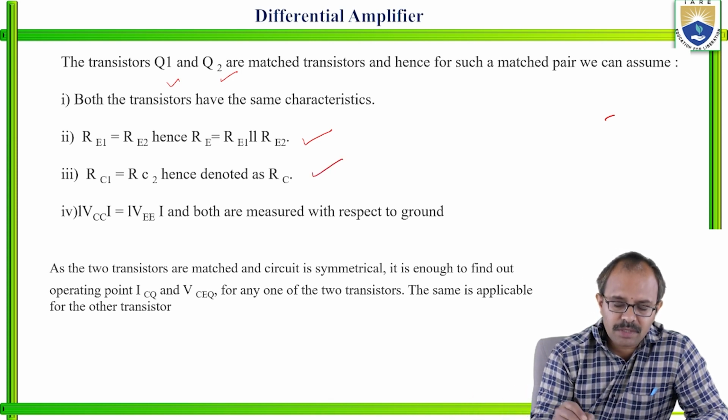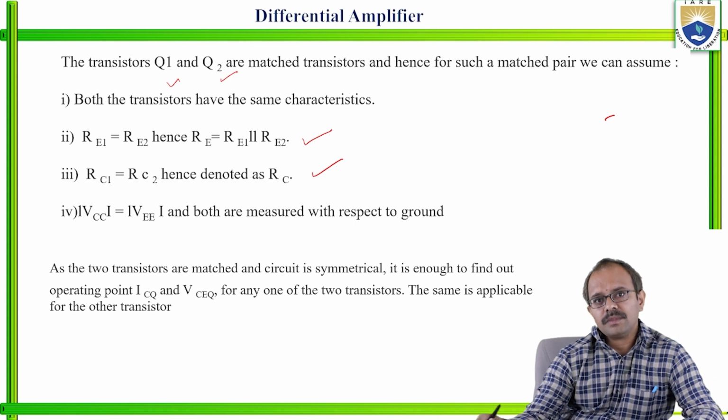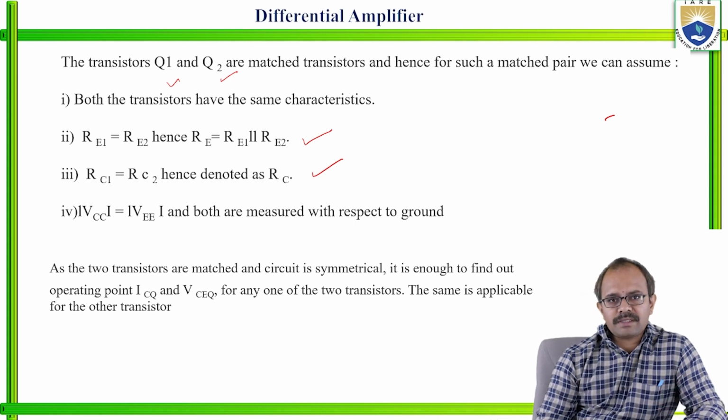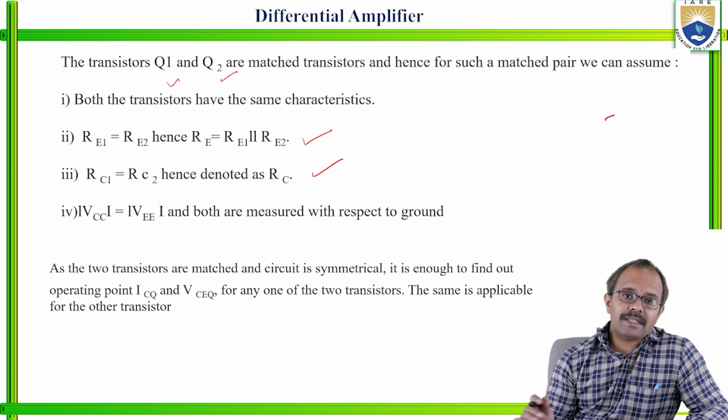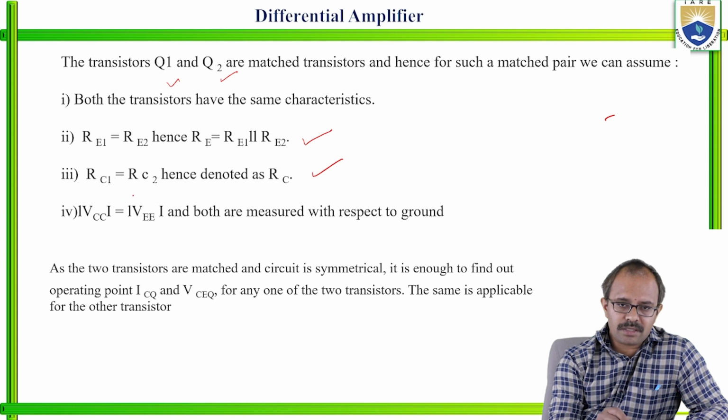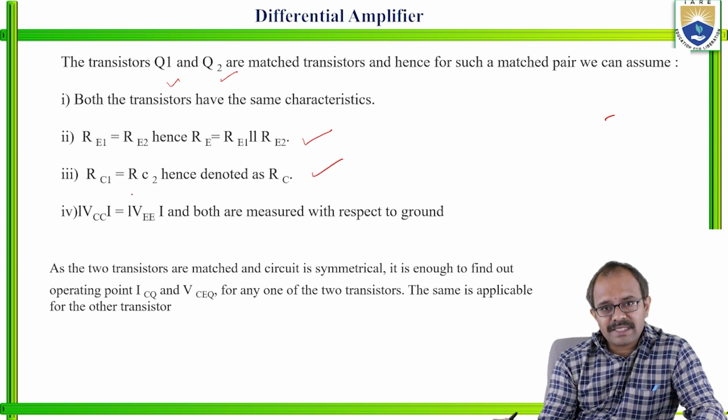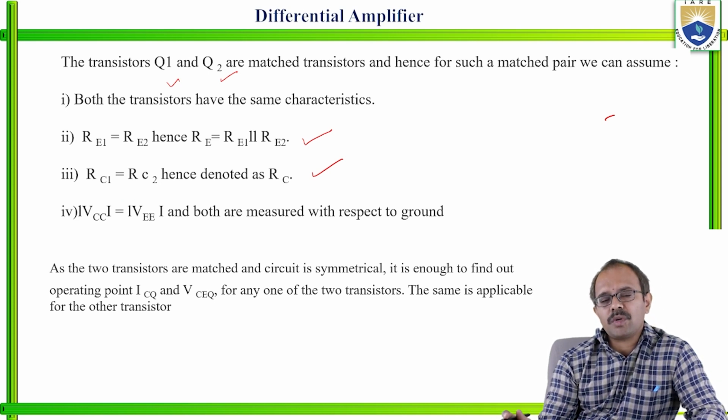Another observation we made here is that we have two collector terminals coming from the two respective transistors. The values of RC, given by RC1 and RC2, are supposed to be the same.